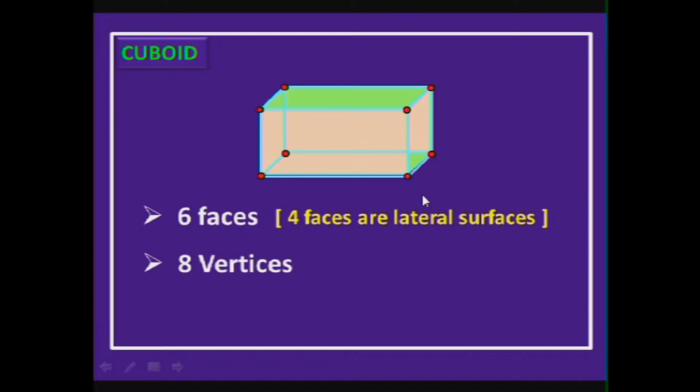Yes, it has 8 vertices. Apart from 8 vertices, it also has 12 edges. What are the edges here? These are the edges children, this line segment 1, 2, 3, 4. In a similar way here also we have 4. So total 8, this is 9, 10, 11 and 12. So there are 12 edges for a cuboid.